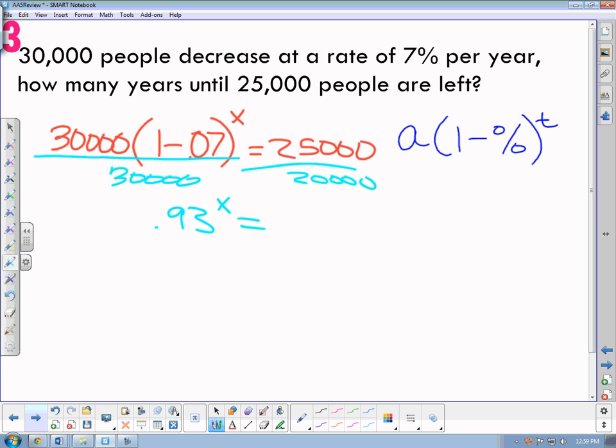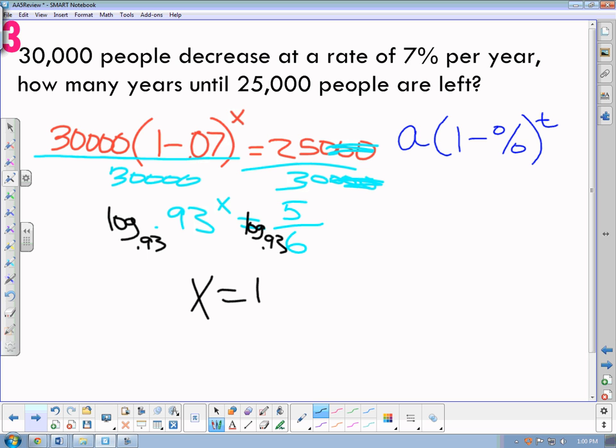And then this, you can take 3 zeros off. 25 over 30, which 5 goes into, is 5 over 6. Then you'd take log base 0.93 of both sides because you have to get rid of the base of 0.93. And so then x equals log base 0.93 of 5/6.